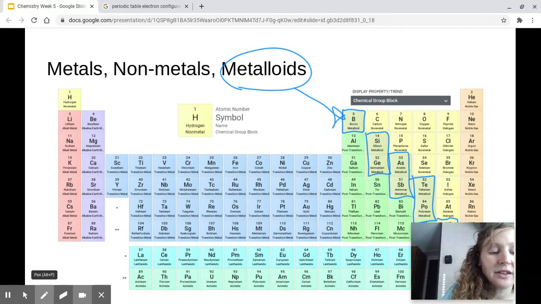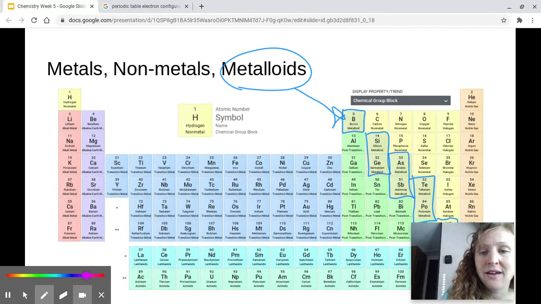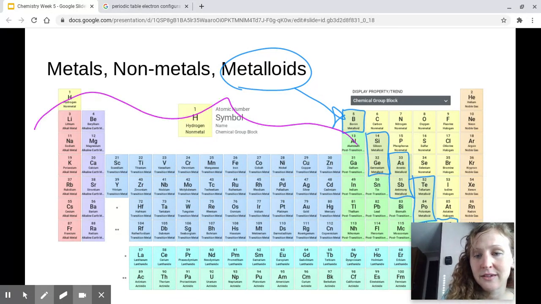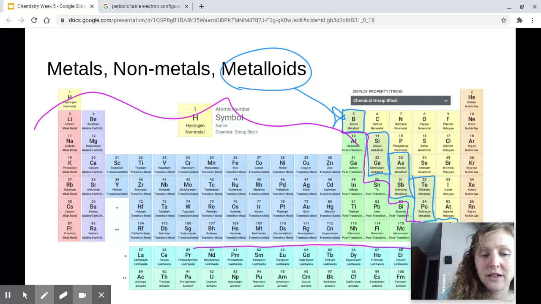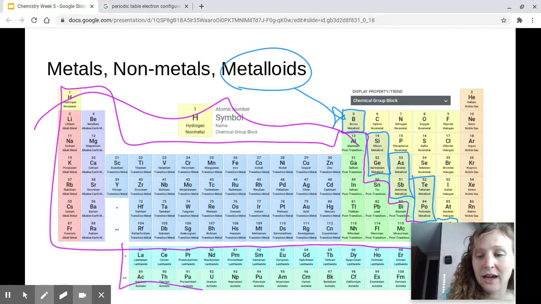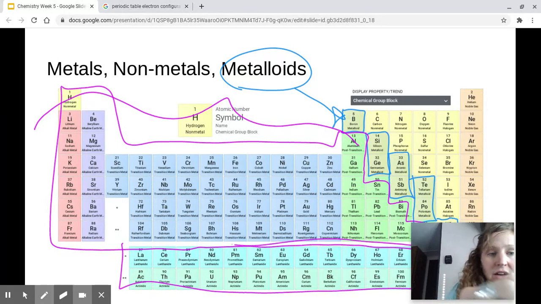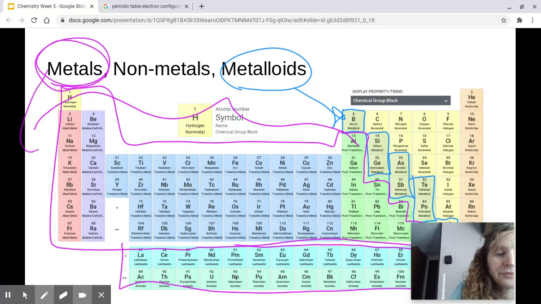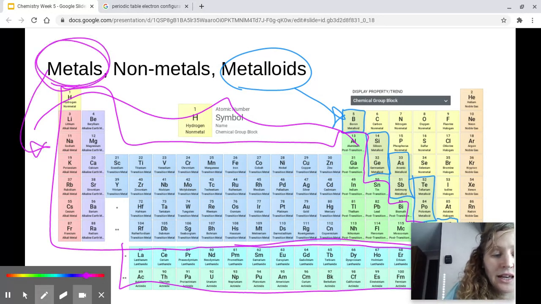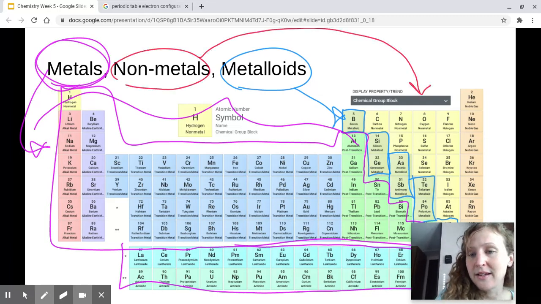And then everything on this side, including these down here, all of these, and including the lanthanide and actinide series, all of these, they're all metals. And then the nonmetals are on this side.